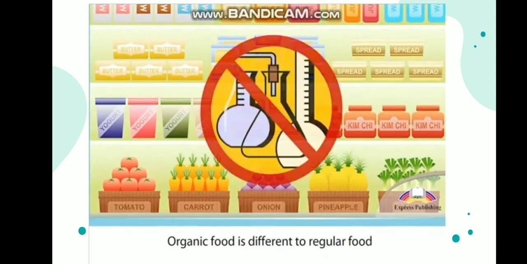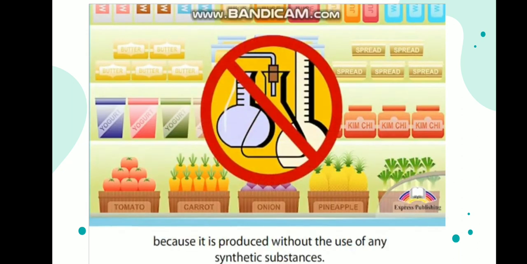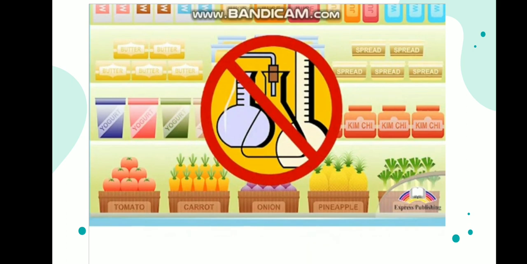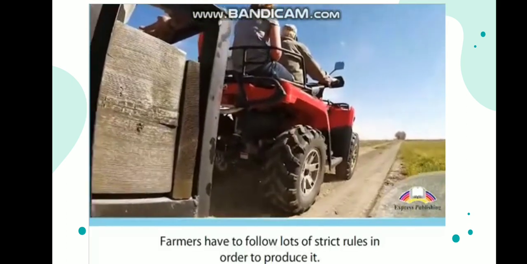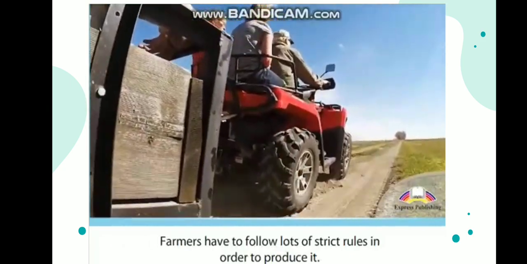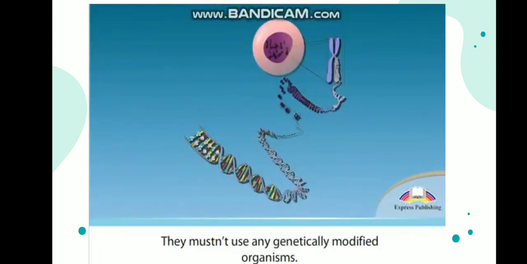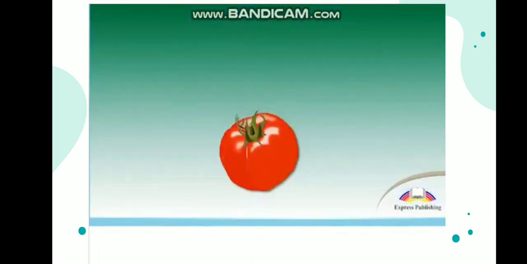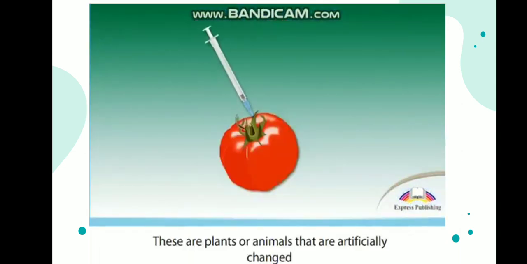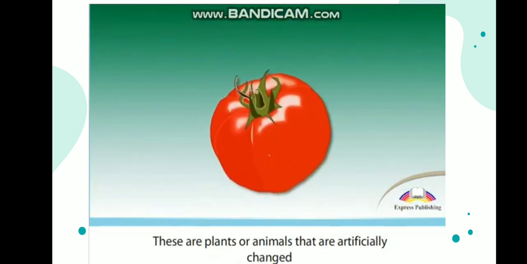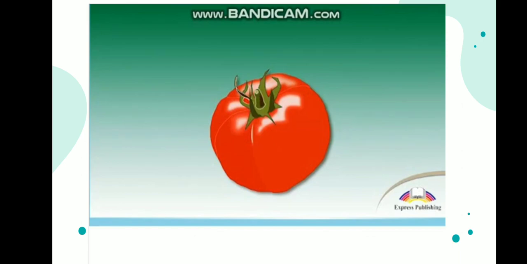Organic food is different to regular food because it is produced without the use of any synthetic substances. Farmers have to follow lots of strict rules in order to produce it. They mustn't use any genetically modified organisms. These are plants or animals that are artificially changed to grow faster or be resistant to disease.